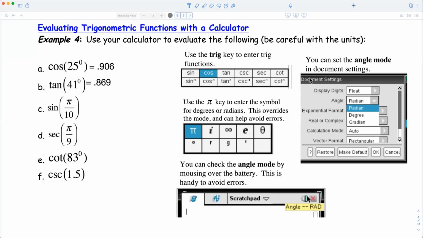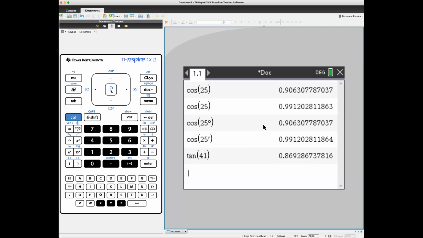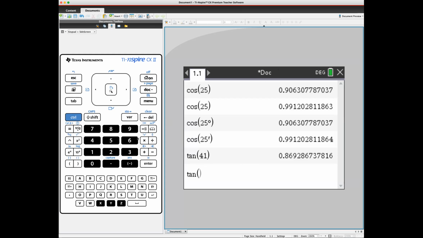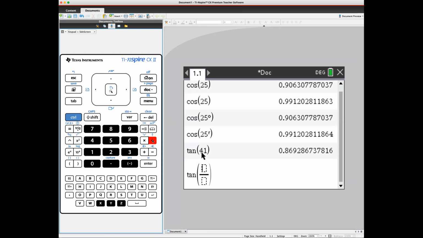Sine of pi over 10. Pi over 10 is in radians, so either make sure that your calculator is in radian mode or force the units to be in radians. So trig tangent. And now it's a little bit tricky to get the radians when you have a fraction here. I'm going to put the divide symbol, and then I'm going to do pi in the numerator divided by 10.